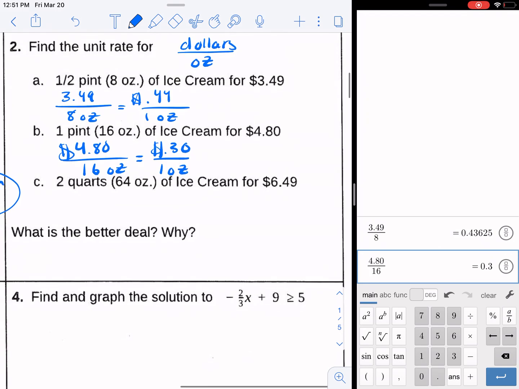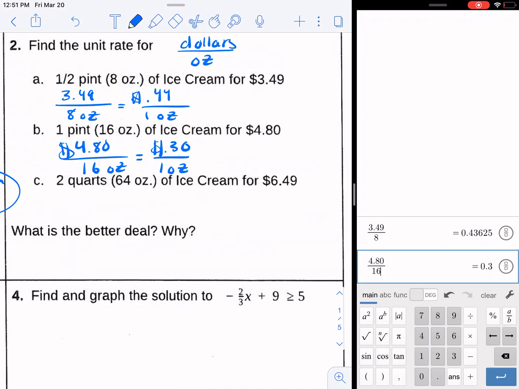And then the last one, 64 ounces for $6.49. So it's $6.49 over 64 ounces. We're going to divide that, have a 1 on the bottom.